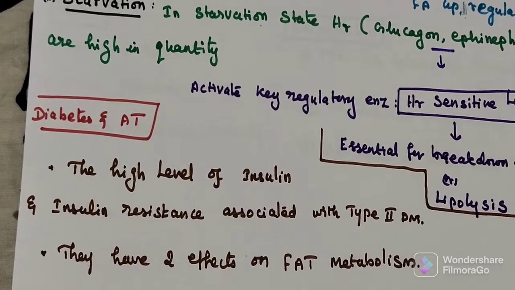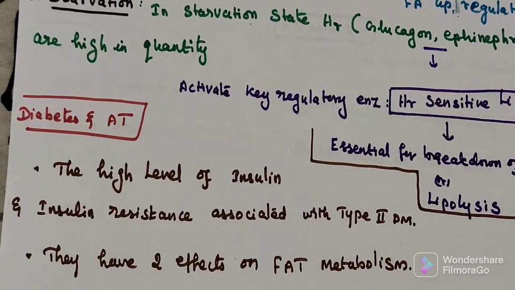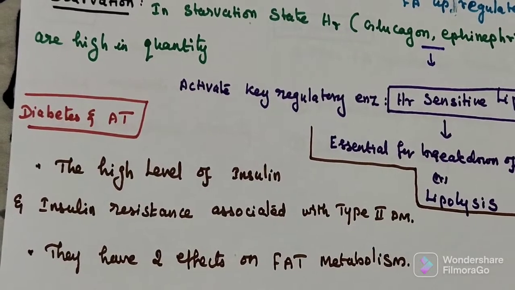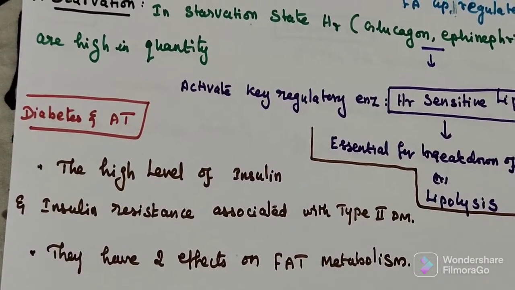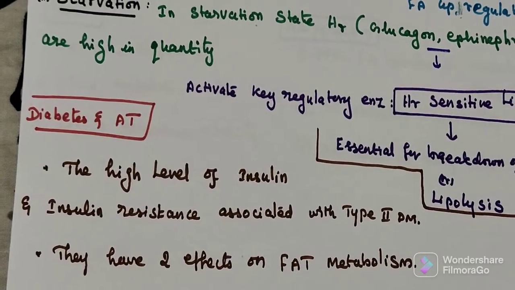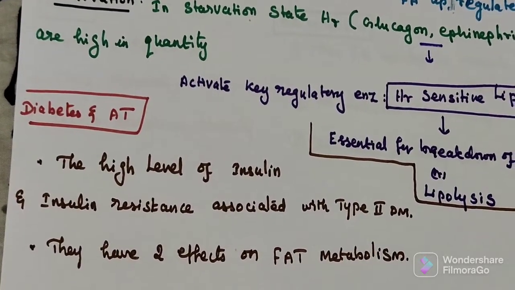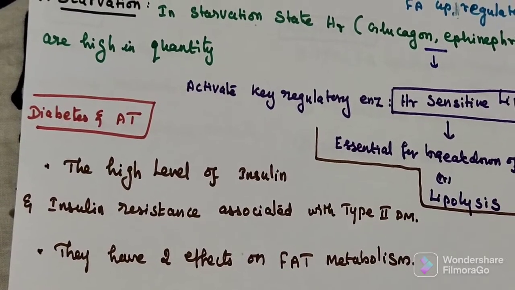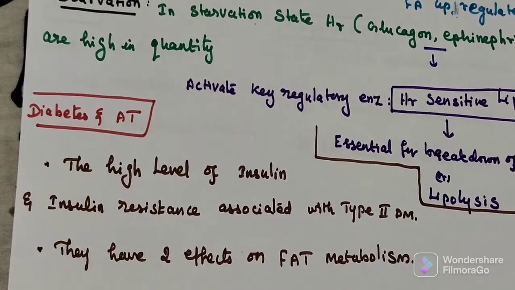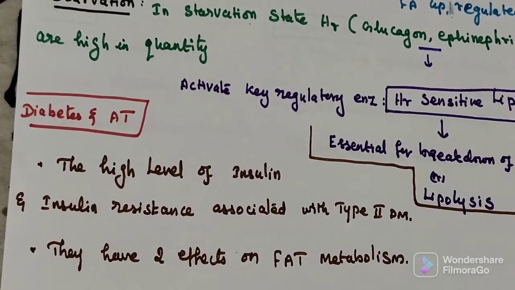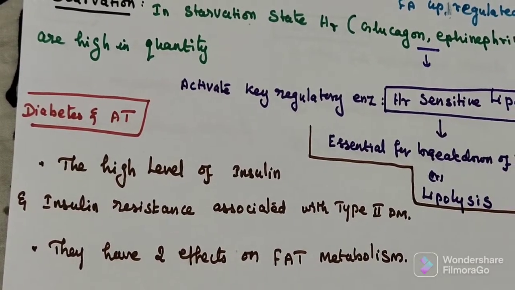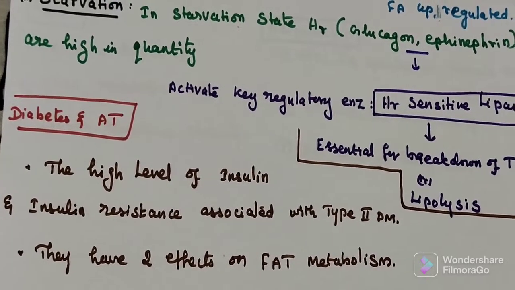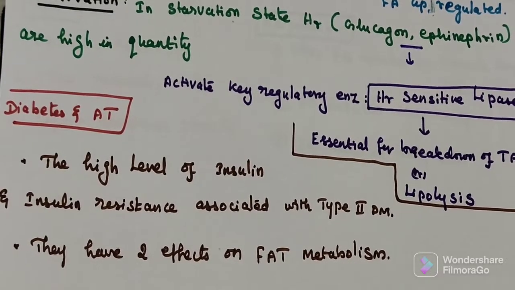Patients with type 2 diabetes mellitus are usually dyslipidemic, that is, the lipid values go high, even when the glycemic control is relatively good. The high level of insulin and insulin resistance associated with type 2 diabetes mellitus have two effects on fat metabolism. In adipose tissue, increased lipolysis occurs in diabetes mellitus.